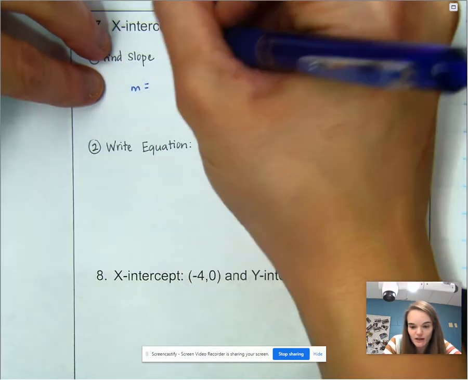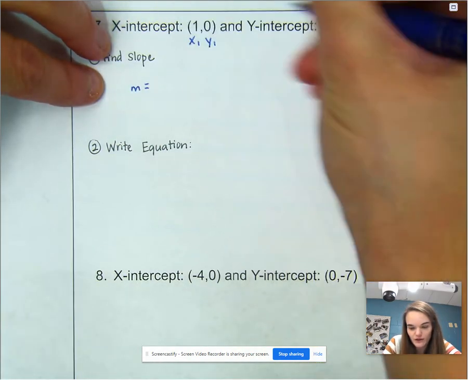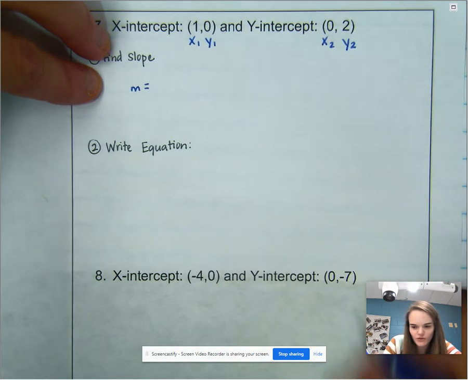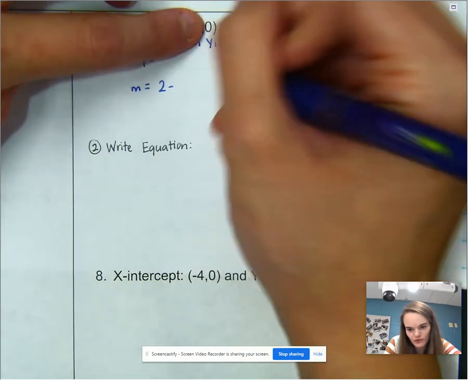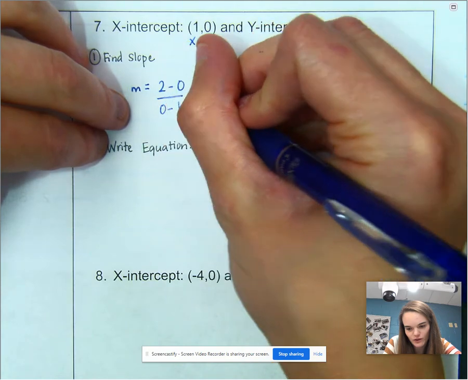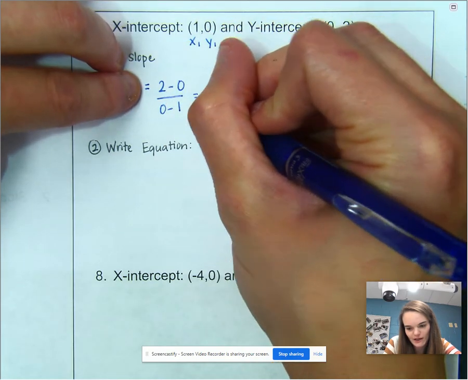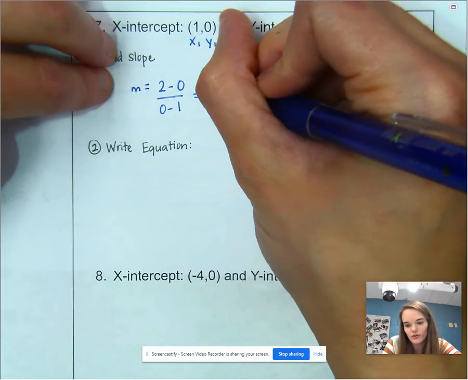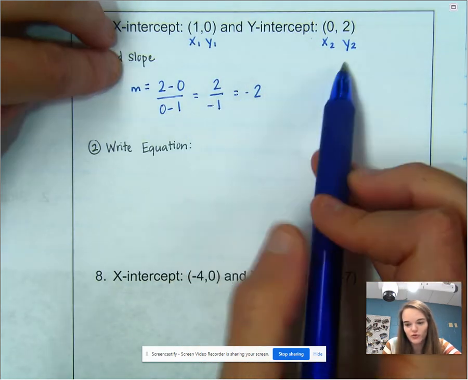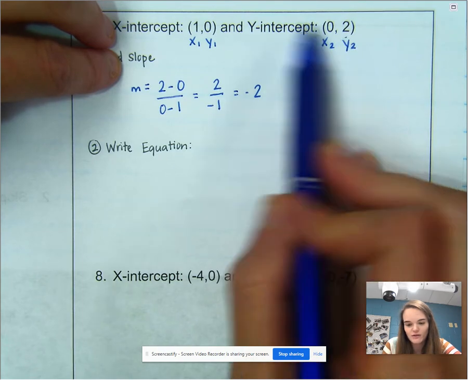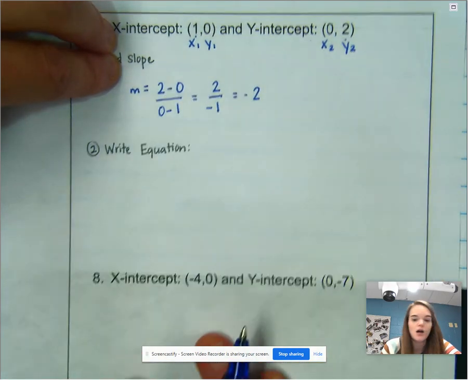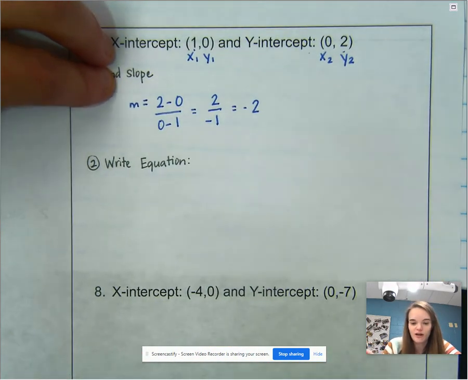Okay, so let's say this is x1, y1, and this is x2, y2. So 2 minus 0 over 0 minus 1. And that's 2 divided by negative 1, which is negative 2. So like I said, you can just do the y-intercept divided by the x-intercept, and then it's the opposite sign.